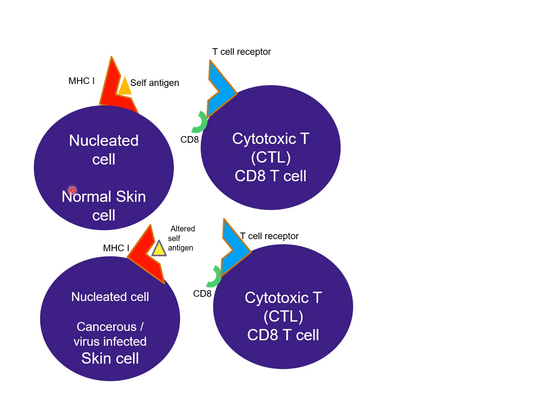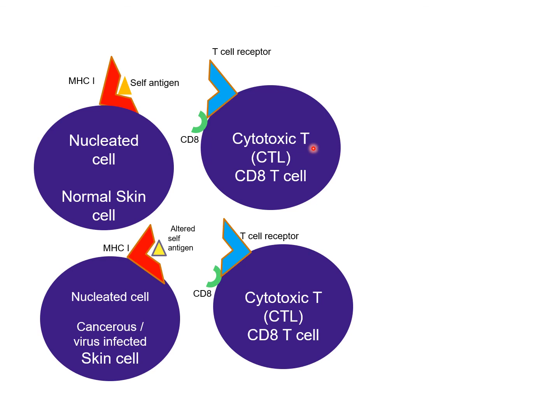Now, in this case right here, the cytotoxic T cell is not going to attack that normal skin cell. Why? Because remember how we said your T cells are made in your bone marrow and then they go to the thymus gland so that they can become mature, and they really have to recognize the difference between a self-antigen and a foreign antigen.